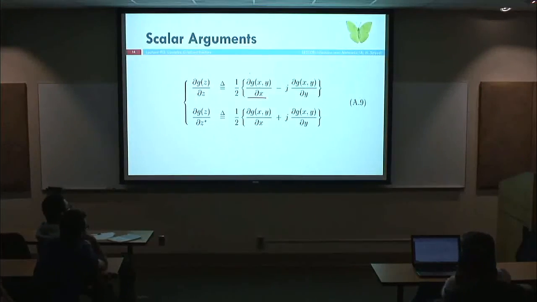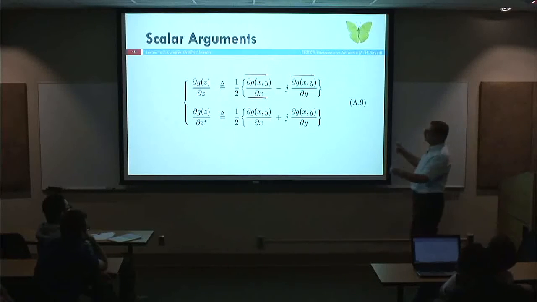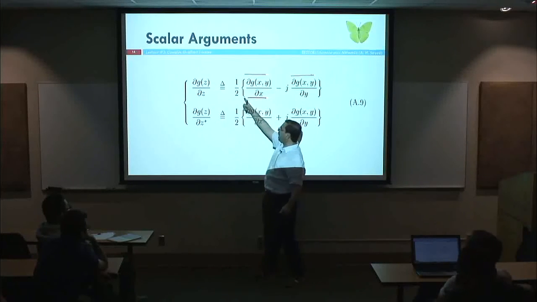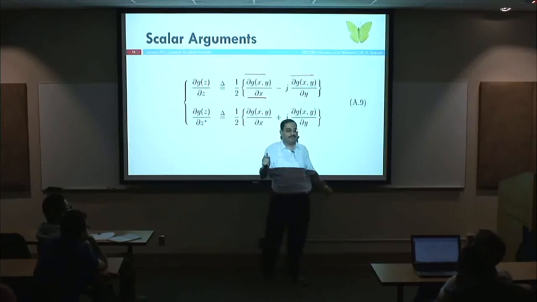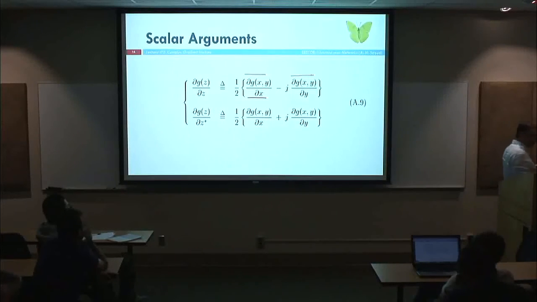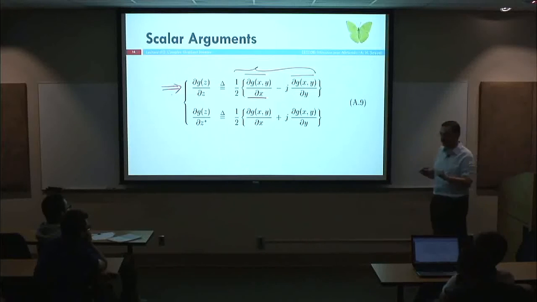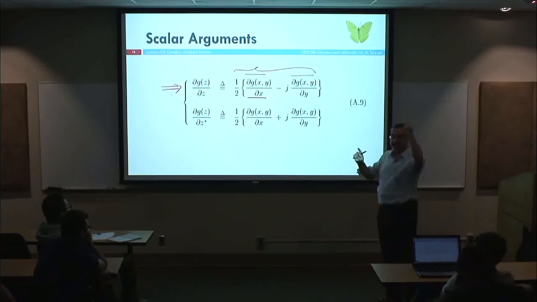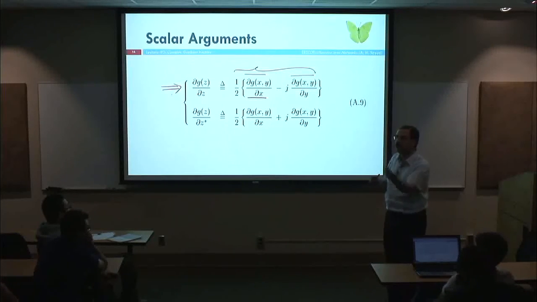The partial derivative relative to x and the partial derivative relative to y, if you combine them with that j and divide by 2, you should recover the complex derivative. If you perform this combination, I'm going to define that as the partial derivative of g relative to z. I use the expressions I derived before to motivate this expression.